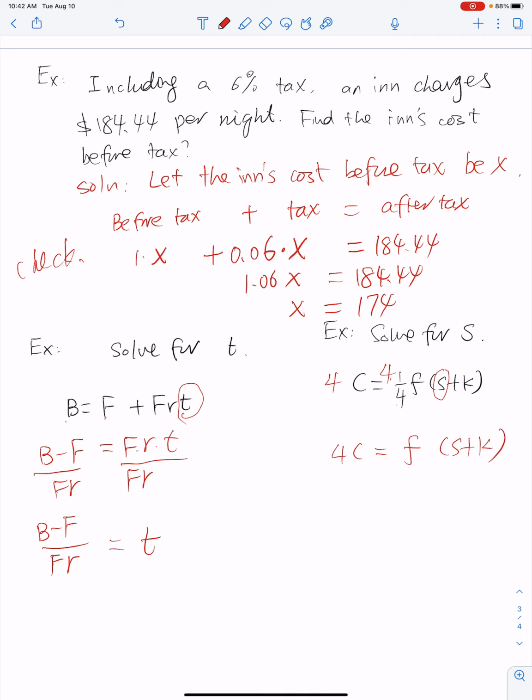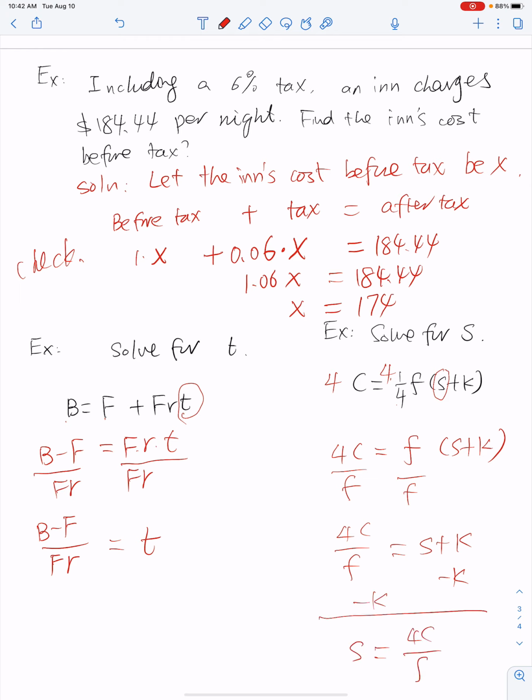How could you get rid of the f? Divide by f. 4c divided by f equals s plus k. How could you get rid of the k? Subtract k. So s equals 4c over f minus k. Okay, so this is this section.